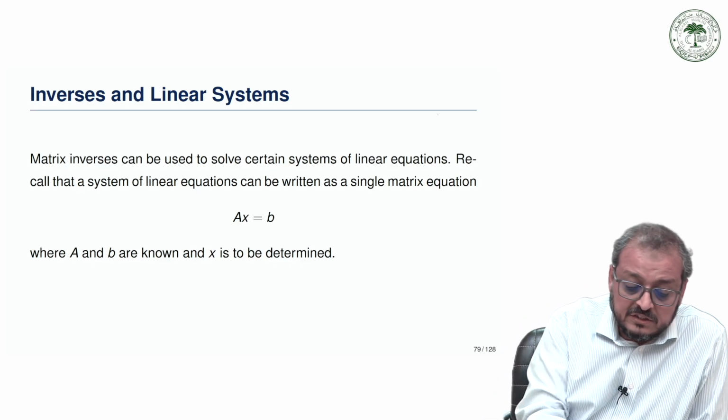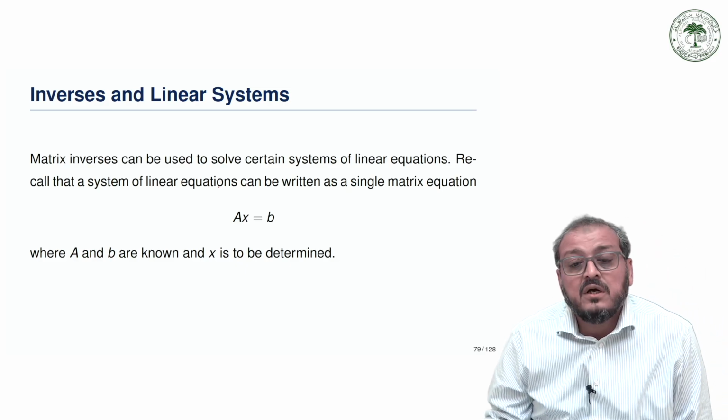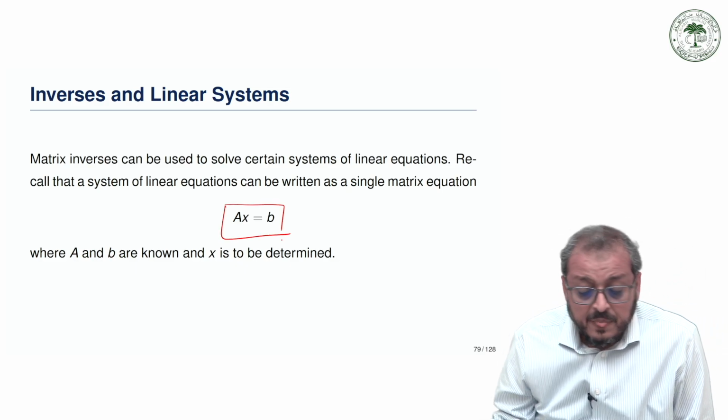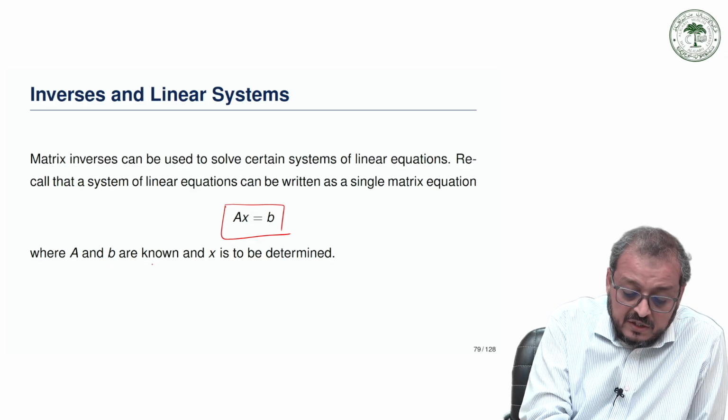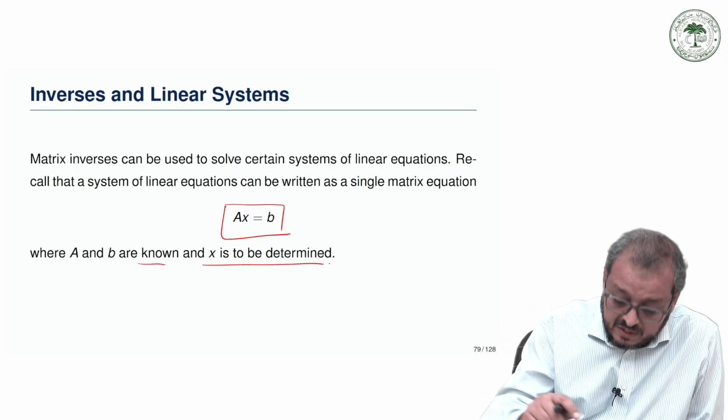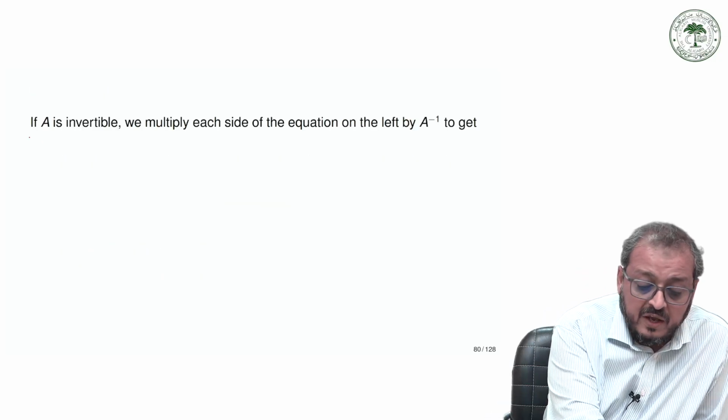Recall that a system of linear equations can be written in the single matrix form Ax = B, where A and B are known and x is to be determined. Assume A is invertible.